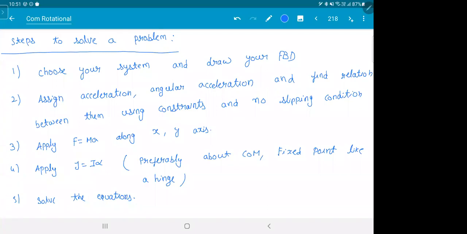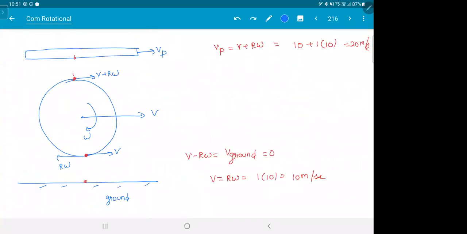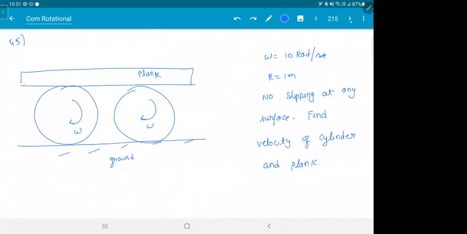Clear? Let's do a problem, okay? We'll start off with something easy, and slowly we will bump it up. You have a cylinder. This is a fixed support.